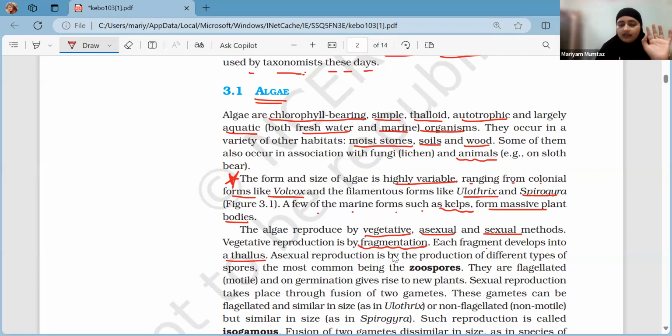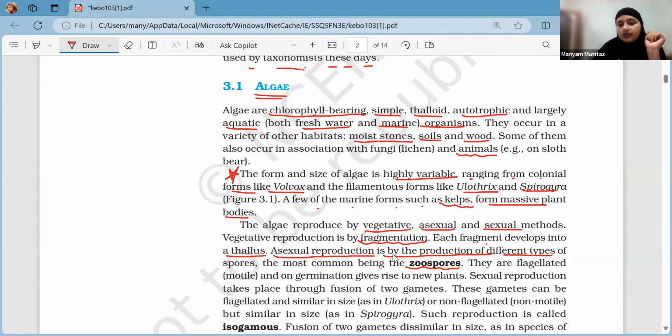Asexual reproduction is by the production of different types of asexual spores, the most common being zoospores. The asexual spores are flagellated, and whenever flagella is present, it means that they can move. Whenever these spores germinate, they give rise to a new algae plant.